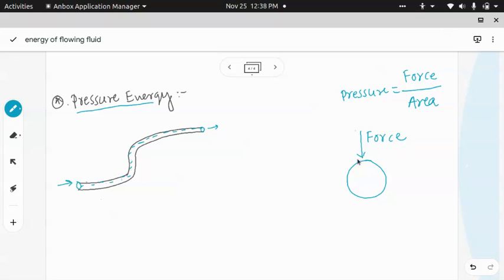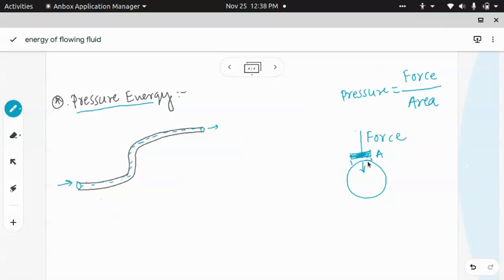So pressure is applied by some flat surface. That force will be applied by this flat surface having area A, so that particular flat surface will stick on this balloon and press the balloon in the downward direction.